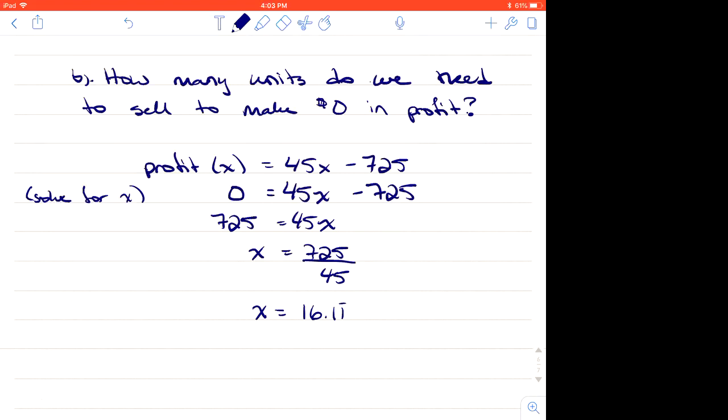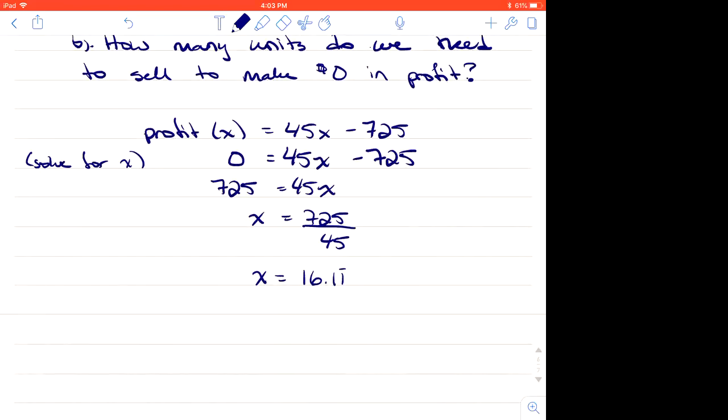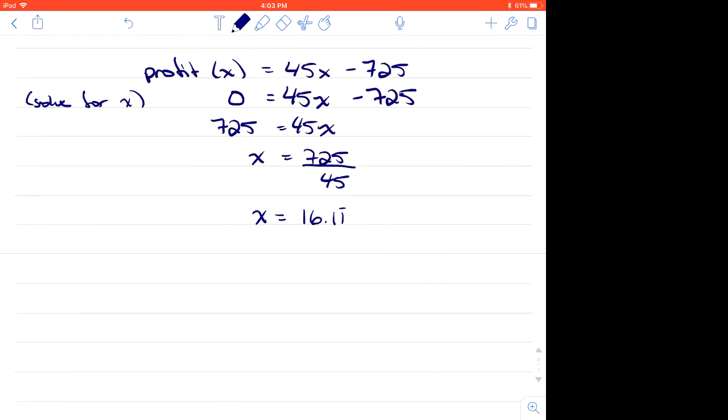I'm assuming that the more units you sell, the more profit you make. Otherwise, you should probably stop selling it. So yeah, it's an assumption, but I think it's fair. And so in order to make at least $0 in profit or any sort of positive profit, you have to sell at least 17 units. Technically you only have to sell 16.11111 repeating, but good luck with that.